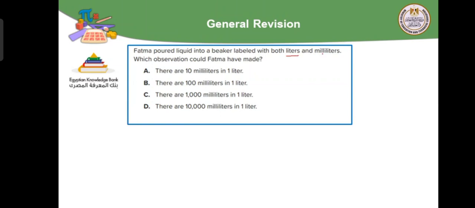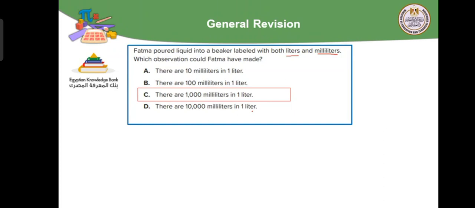So which one of these statements is correct about the relation between liter and milliliter? There are 10 milliliters in 1 liter. There are 100 milliliters in 1 liter. There are 1,000 milliliters in 1 liter. There are 10,000 milliliters in 1 liter. Excellent. 1,000 milliliters in 1 liter.